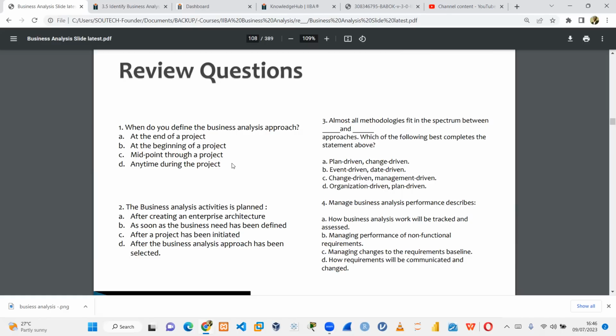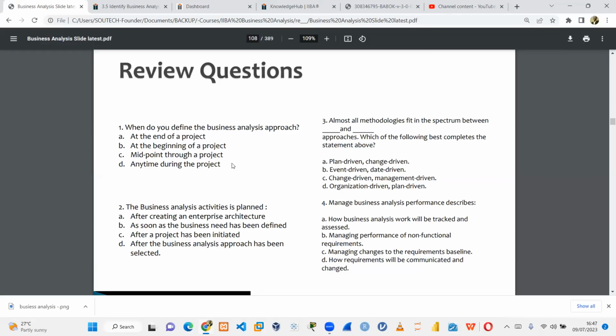When do you define the business analysis approach? I think once we have a task at hand, the first thing to do is to understand the project or whatever task we are being called upon. I think it starts from the beginning of the project, by brainstorming and interviews using the techniques that will determine the outcome.